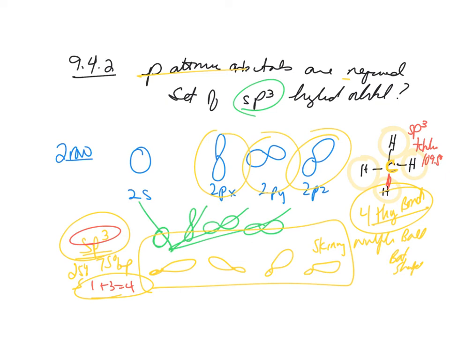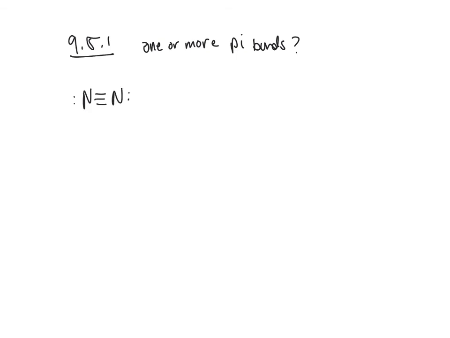Hybridization and multiple bonds. So now we're looking at 9.5.1, and which of the following molecules contain 1 or more pi bonds? Okay, so nitrogen, if you draw its Lewis structure, you would get this.